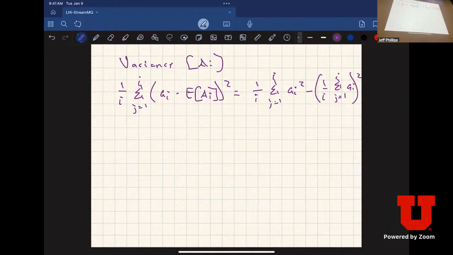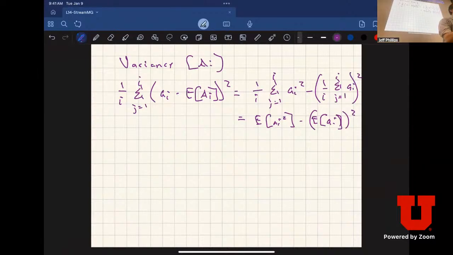So I can rewrite the variance in this way. If you remember from a probability class, you can write the variance in either of these two ways: the expected value of A_i squared minus the expected value of A_i, squared. Okay, so this would be a way of rewriting it.